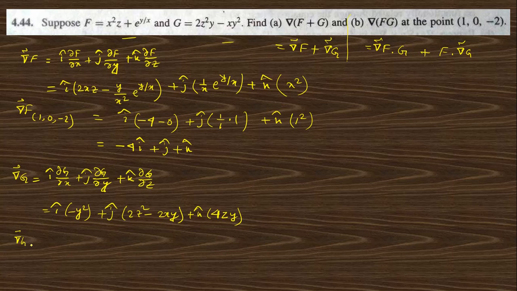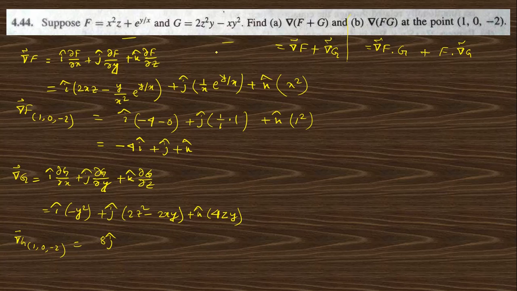So grad g at this point (1, 0, -2), y is 0, so this becomes 0, and this is (-2) whole square, that is 4, 4 into 1 is 4 for j cap... and y is 0, so this becomes 8 j cap.